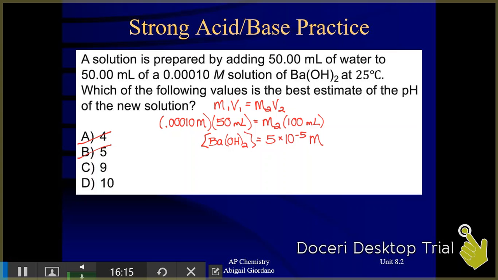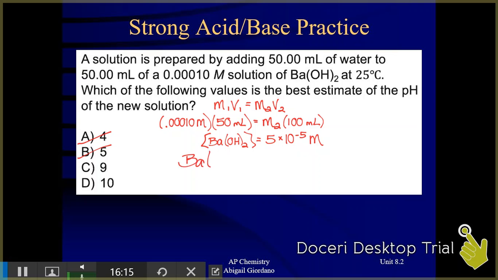Okay, now, remember guys, when you're finding a pH, you need to know the pOH, or you need to know the H plus concentration or the OH minus concentration to help you get there. At the moment, this is not a hydroxide ion concentration. This is the concentration of the whole compound.